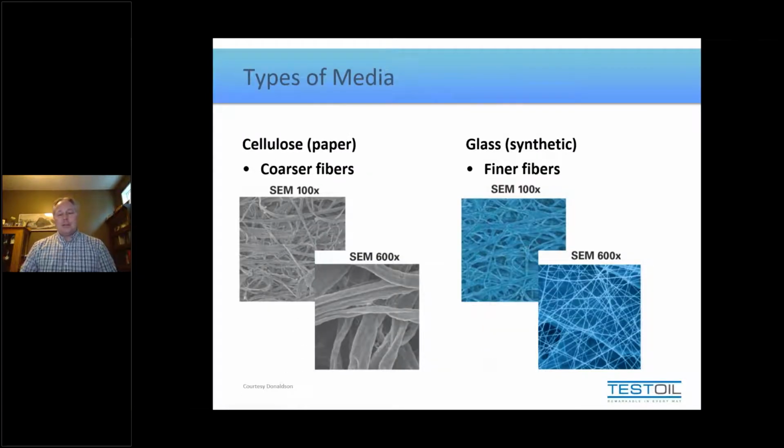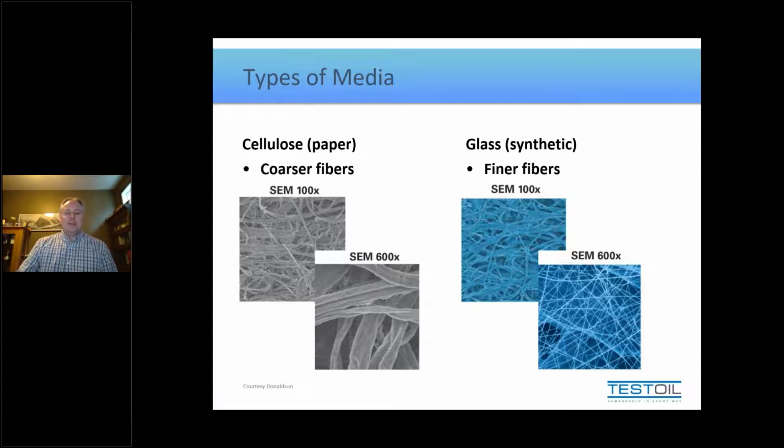The 2 primary types of media are what we would call cellulose, or some of us call paper. And the other one would be something that's usually referred to as glass, microglass, fiberglass, or just simply synthetic. And the big difference between these 2 types of media is simply the thickness or coarseness of the filter fibers. Paper being much coarser, relatively speaking, than the synthetics.